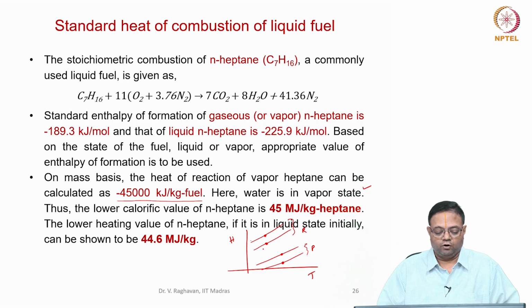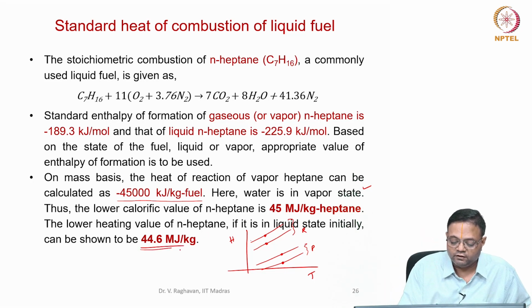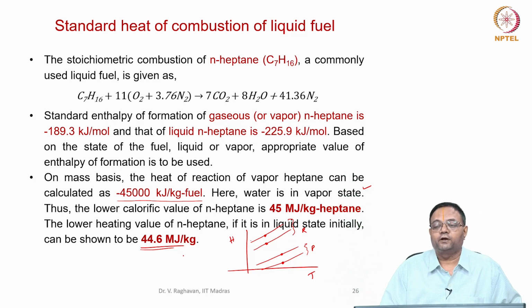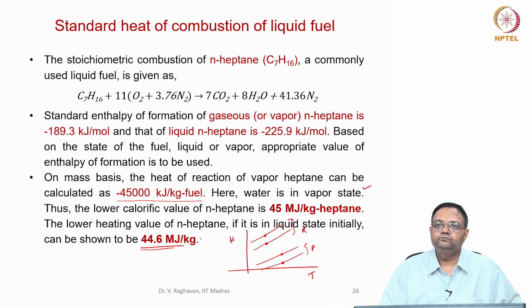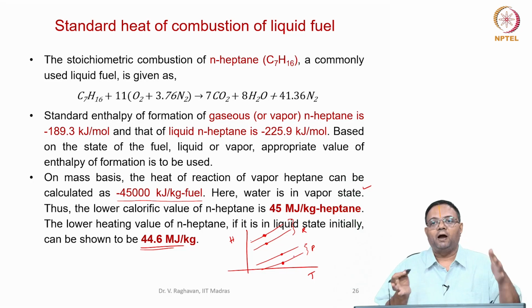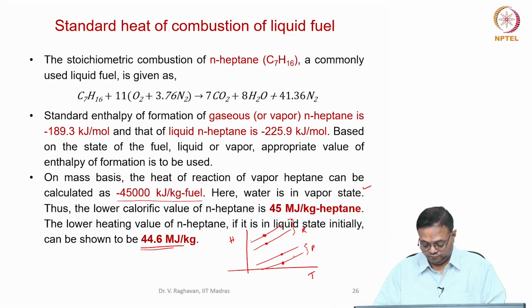So, this is called lower calorific value. When n-heptane is in liquid state initially, you will get a slightly lesser value. That is, instead of 45 megajoules per kilogram of heptane, I will get 44.6 megajoules per kilogram of heptane. Okay, now when you have a liquid fuel and liquid water, then you get the maximum heat release.